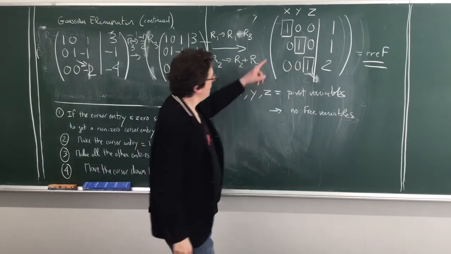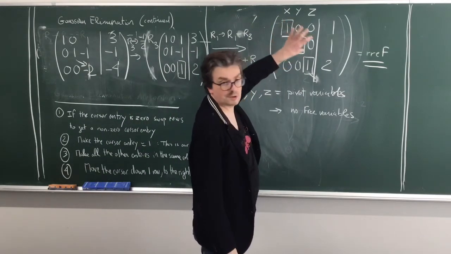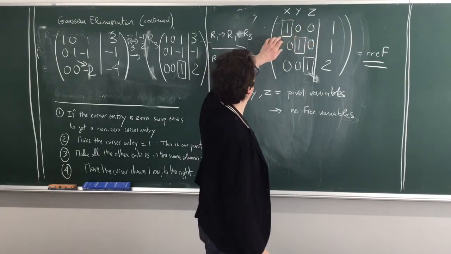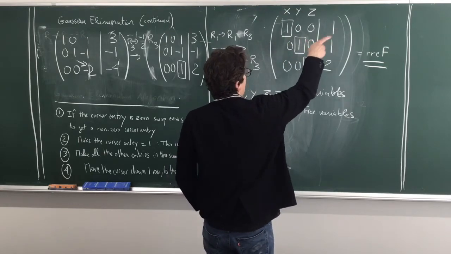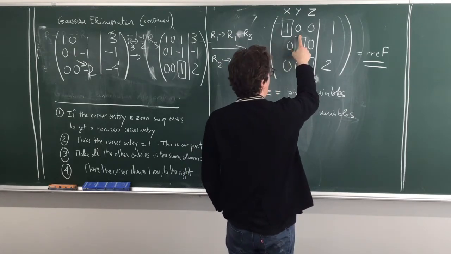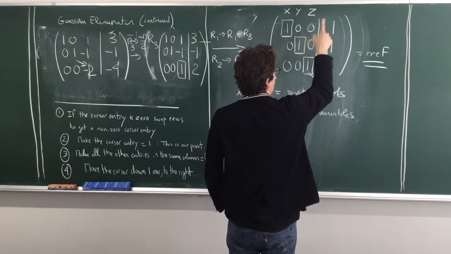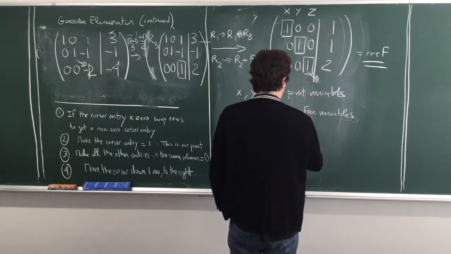Okay, so I'm going to use this augmented matrix and transform it into a system. How do I do that? Well, for example, the first row of this augmented matrix is 1 times x plus 0 times y plus 0 times z equal 1. So I'm just going to put 1x equal 1.